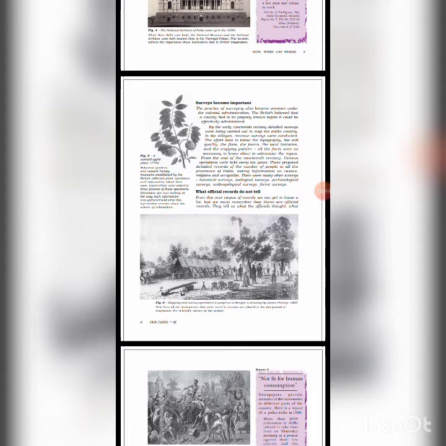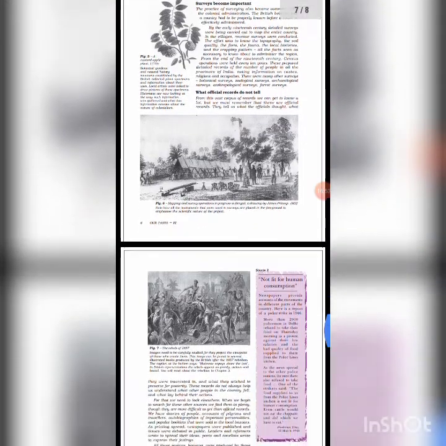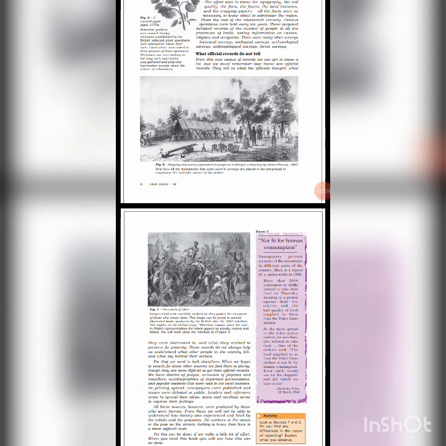So they conducted detailed surveys for the following reasons: to map out India, to know the soil quality of a particular region, to know the suitability for different crops, to know the flora and fauna of the particular region, to know the local histories.